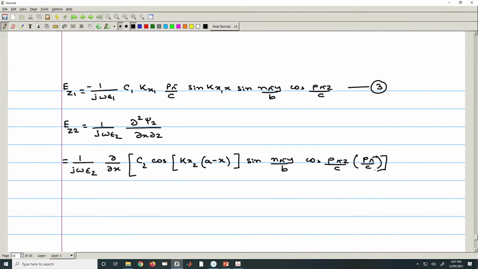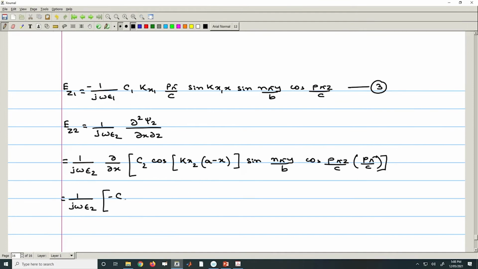Now this whole thing we will differentiate again with respect to x. So, therefore, 1 upon jωε2, with respect to x, cos will be minus of sine.